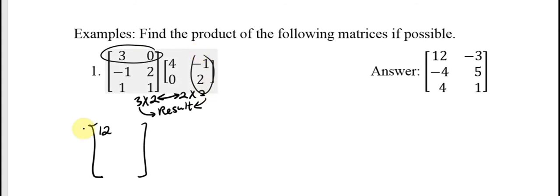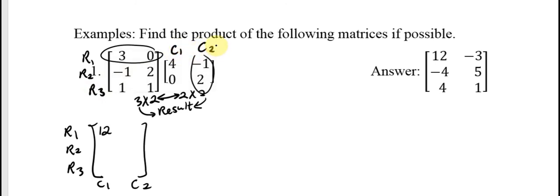Now, let's get the rows. This is row 1, row 2, row 3. This is column 1, this is column 2. And then row 1, row 2, row 3, column 1, column 2.